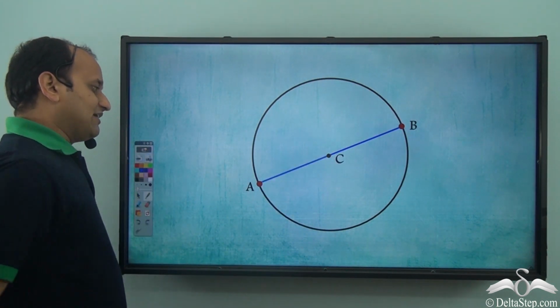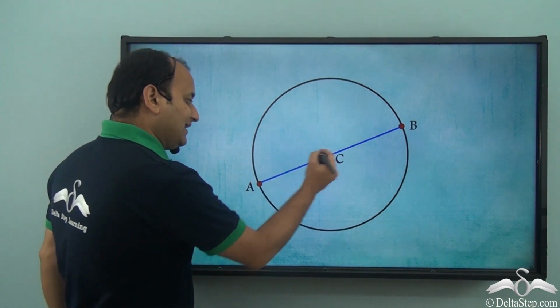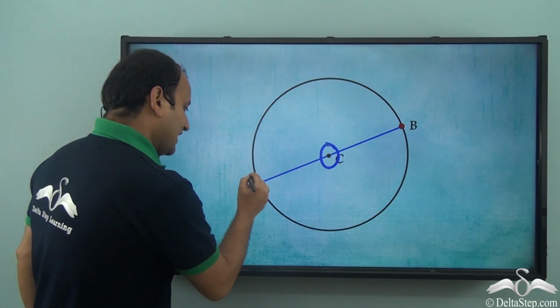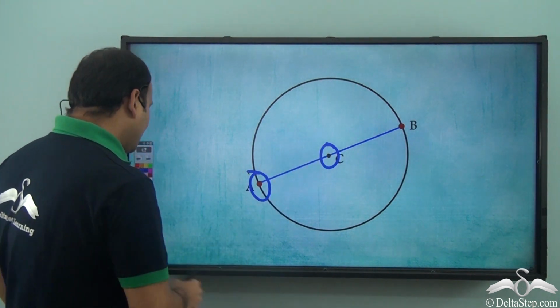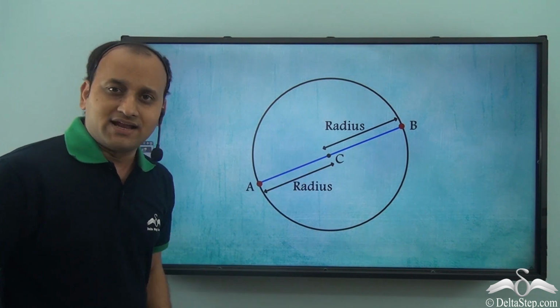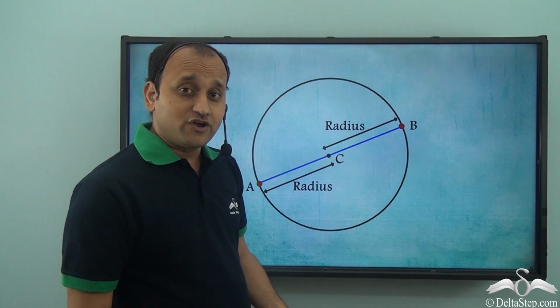Now, if I join AC, then what do I get? Again, I get a radius because this is the center and this is a point on the edge of the circle. So, we have another radius here. So, BC is one radius, AC is another radius. So, we have more than one radius. And what do we call them?